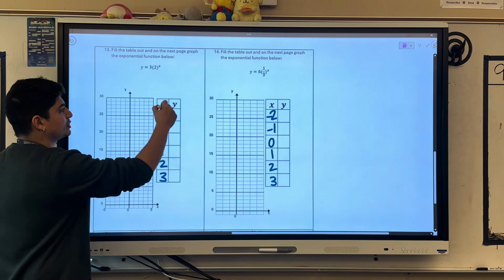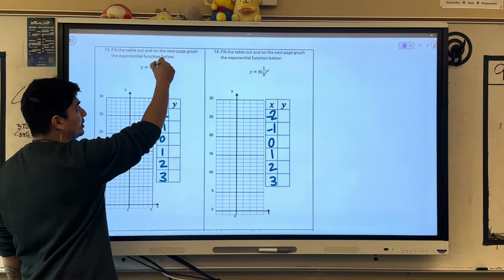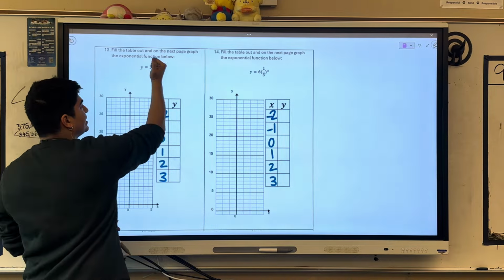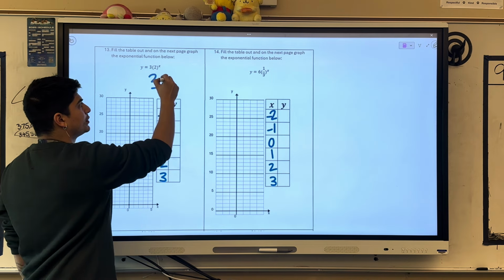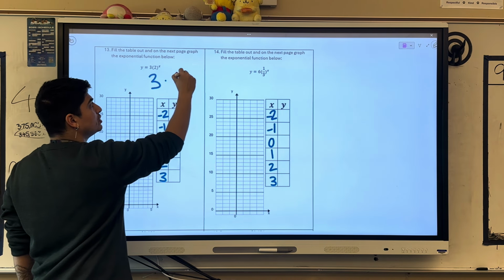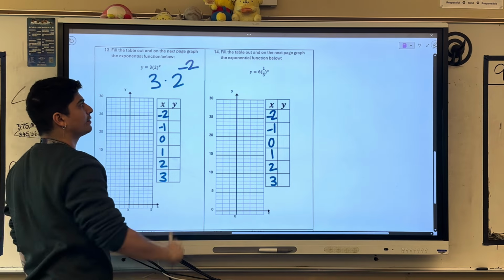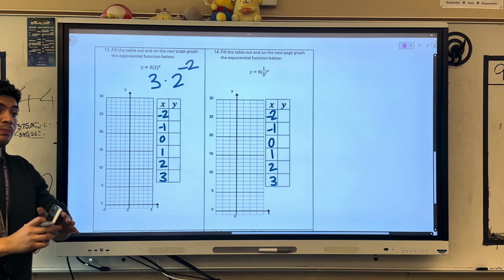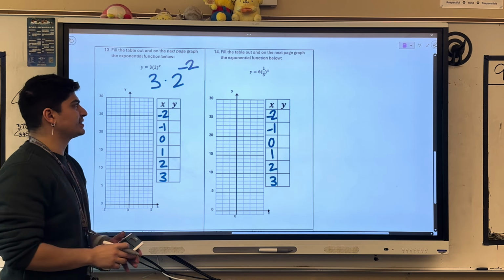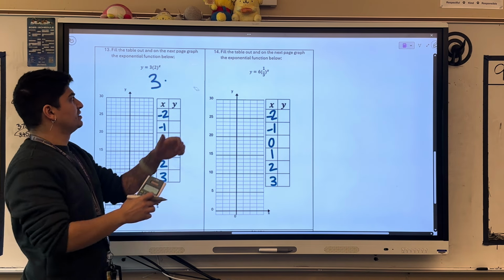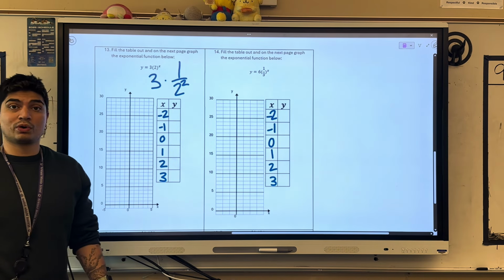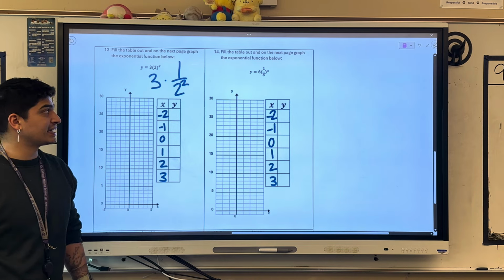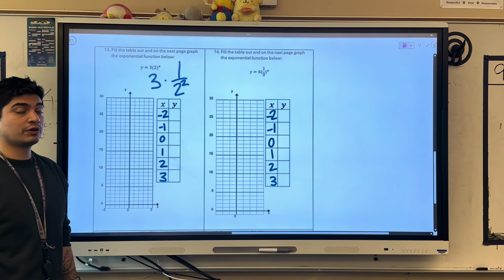So let's look at this one. -2, I'm going to be inputting right here, right? As a reminder of what negative exponents do, 3 times 2 to the -2nd power, negative exponents make it flip. 2 to the -2nd power is the same as writing 1 over 2 to the 2nd power.